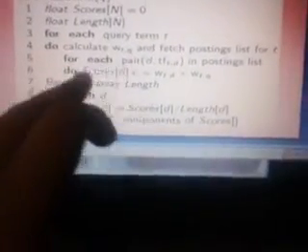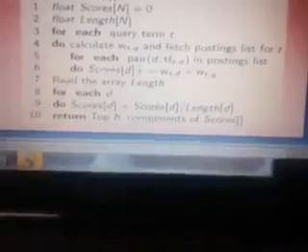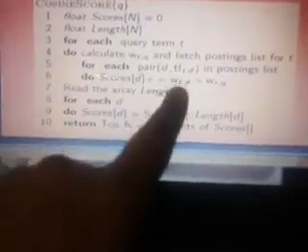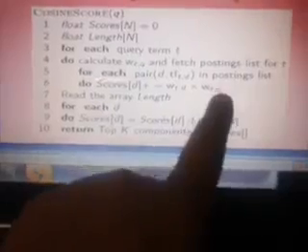We multiply both the weights for each query term, and then add these products over the query terms. That sum is the score corresponding to one particular document.